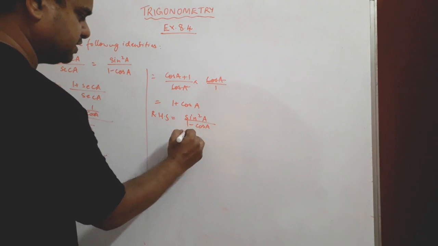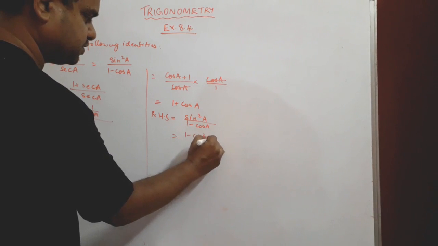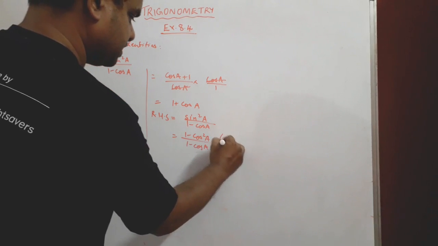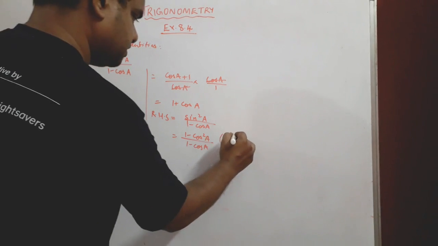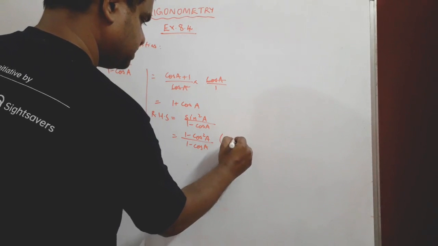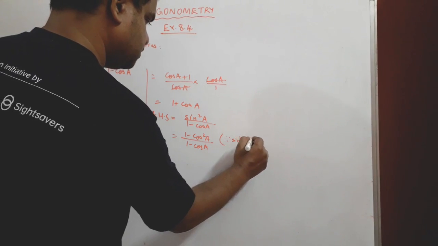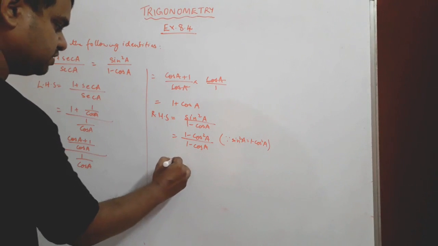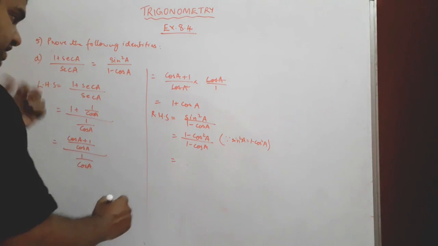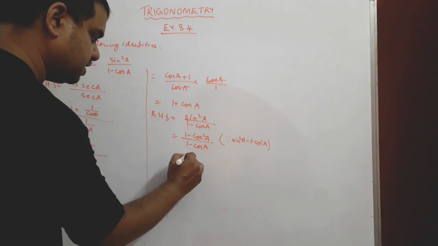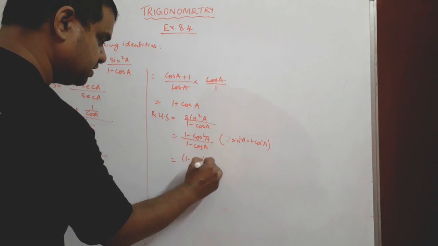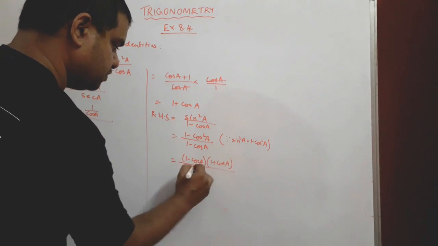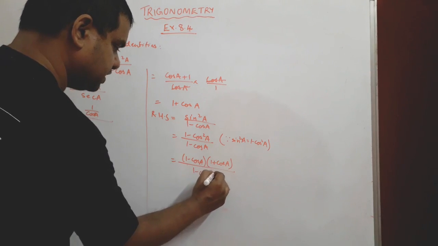Sin square a can be written as 1 minus cos square a, that is from our identity. Now this is a square minus b square form, which we can write as a minus b into a plus b, whole thing upon 1 minus cos a.